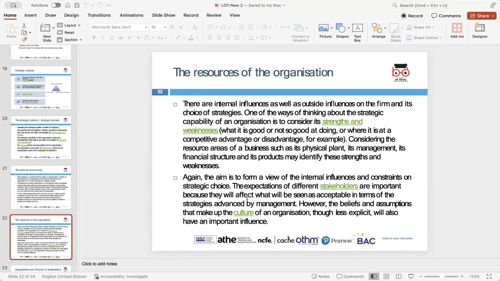So, strengths and weaknesses, areas where the organization excels or falls short, including resources, management, financial structure, and products. Expectations of stakeholders, how different stakeholders' expectations impact strategic decisions. Then organizational culture, the underlying beliefs and assumptions that affect strategy. So understanding these internal factors helps in identifying the constraints and opportunities within the organization's strategic capability.